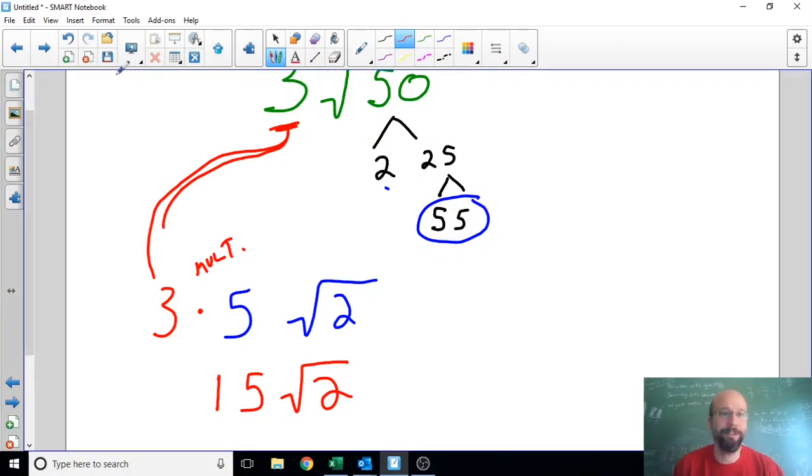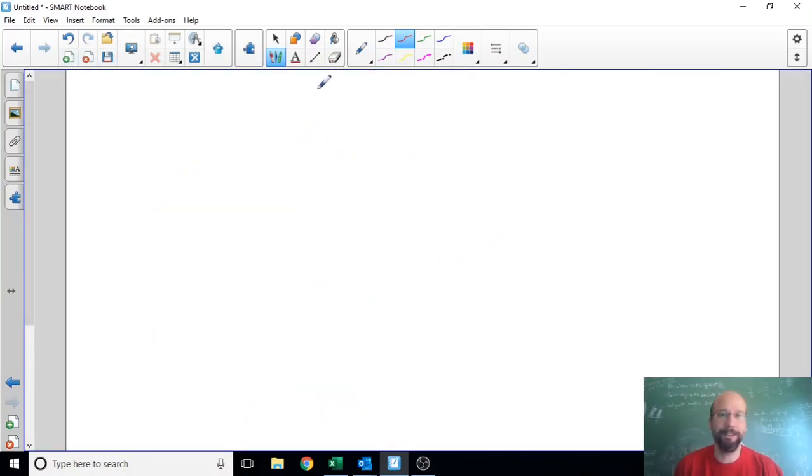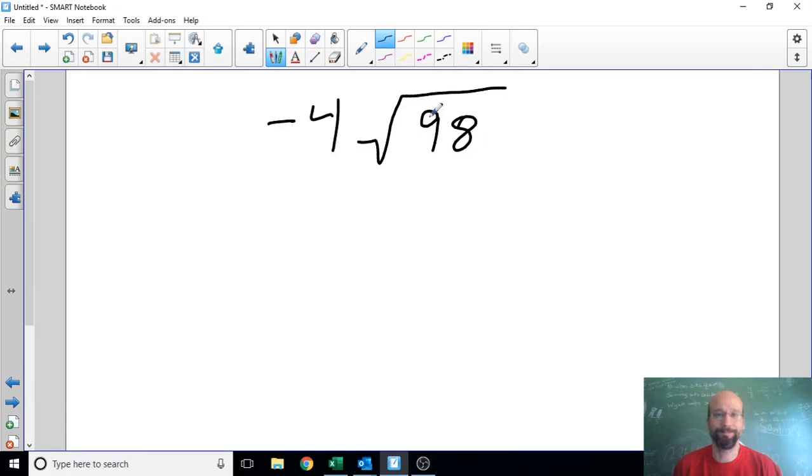Let's do one more with a different number on the outside. Let's just say it's -4. And on the inside, let's do 98. So factor everything on the inside, 2 and 49, and 7 and 7. So I'm going to circle my groups of 2.